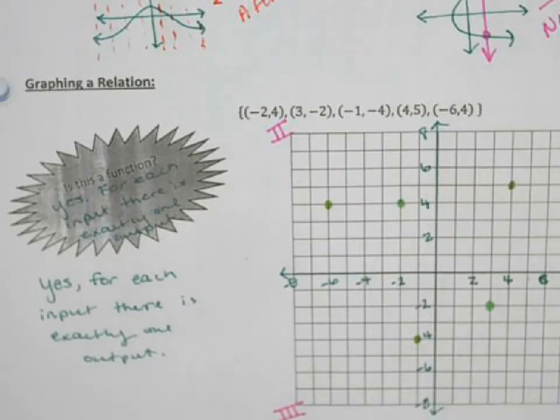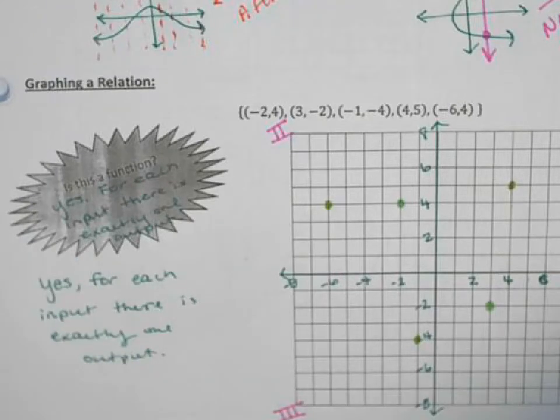Yes? Couldn't you look at all the x coordinates and see if there are any of the same numbers? Correct, but when you would go to explain it, you would still have to say no, because the x value such and such goes to both this and that. And then that would be your explanation as to why it doesn't work.